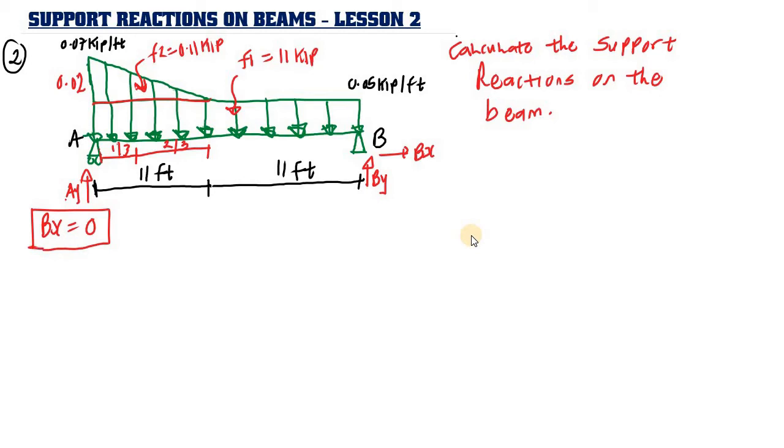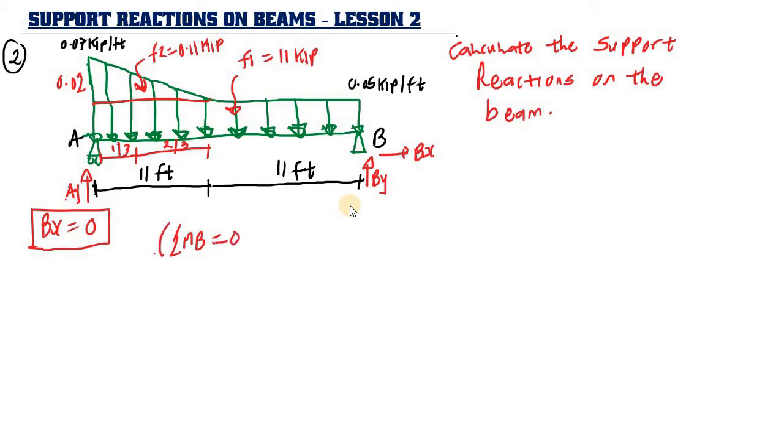So let's calculate AY and BY. We are going to take the summation of moment at point B because we want to find AY. So we're going to take the summation of moment at point B, at the pin support, equal to 0.